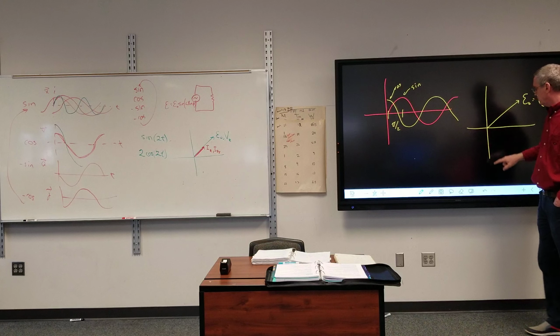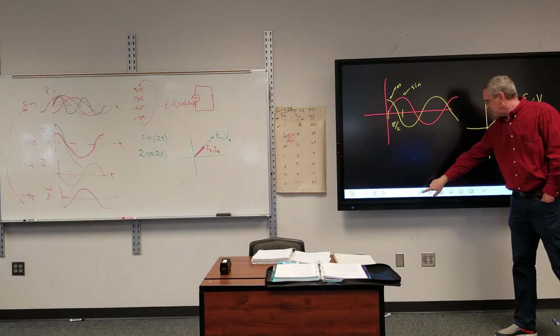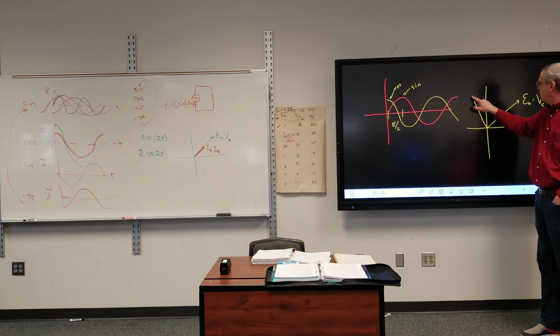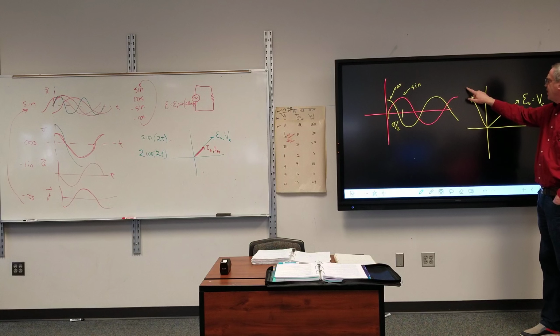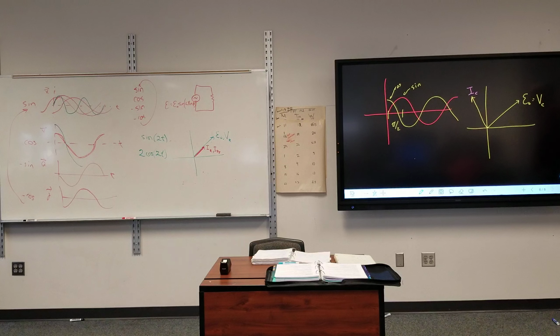My current phasor leads. So it'd just be a reflection over the y-axis? No. That is the current of the capacitor, the current phasor. Just 90 degrees after it? That's 90 degrees.